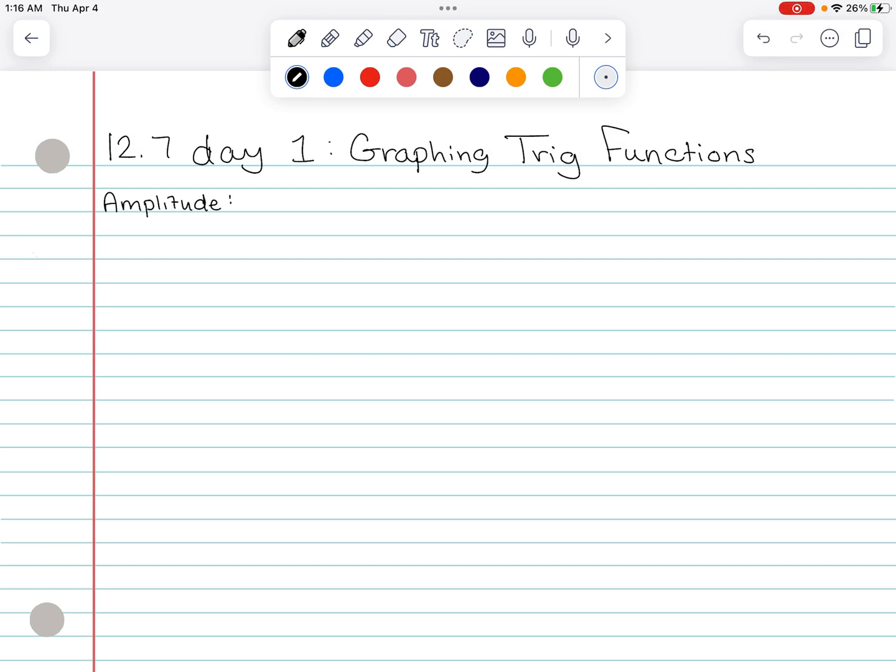what an amplitude is. An amplitude is half the distance between the maximum and minimum of an oscillating graph.